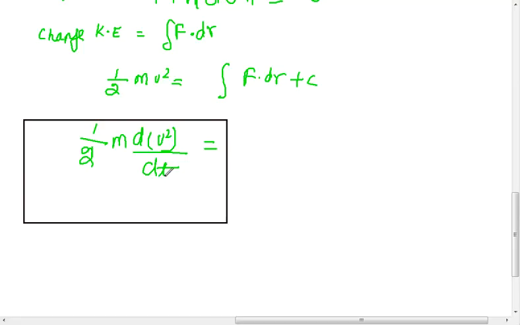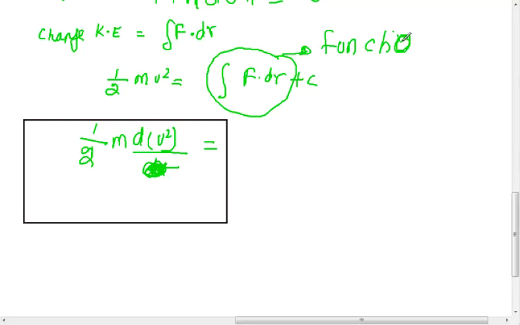Actually, I should not differentiate with respect to time. If I integrate this quantity, it will come as a function of r. For class 11th students it is slightly difficult, but when we are doing integration we should check that this F must be in terms of r.